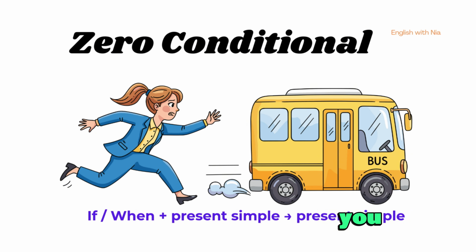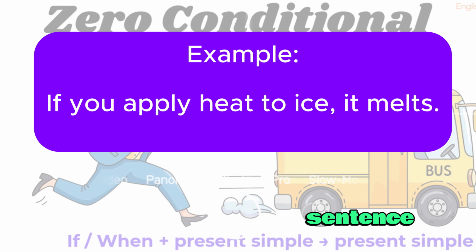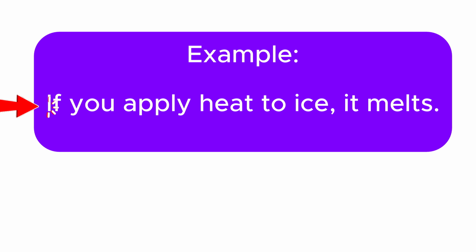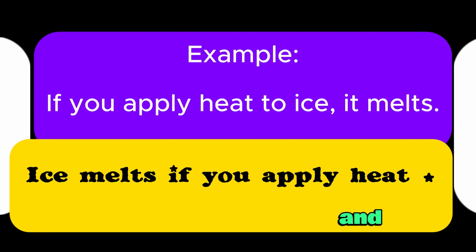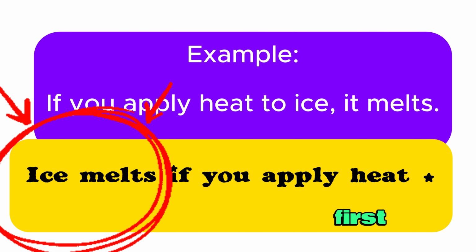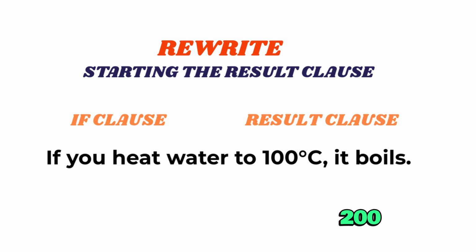Another activity for you: rewrite this sentence with the main clause first. So you have to switch up the clauses and write the result clause first. If you heat water to 100 degrees centigrade, it boils.